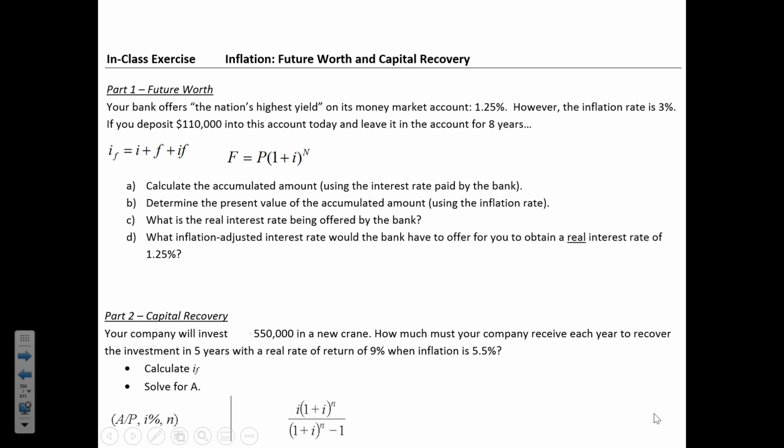Sometimes when you've got a problem like this on part 2, I think it's good to write on the right there on the paper, identify the variables. So for example, I is 9%. So you could write the letter I right next to that, and F is 5.5%.